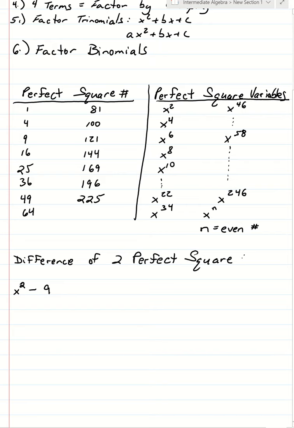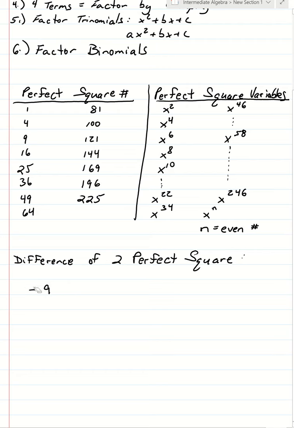Well, step 1 is done because it's in descending order. Step 2 is done, the leading coefficient is positive. Step 3, there's nothing common to factor out. It's not a 4 term, so we're not going to worry about grouping. It's not a trinomial, so we don't have to worry about factoring down the trinomial. What we have here is the difference of two perfect squares.